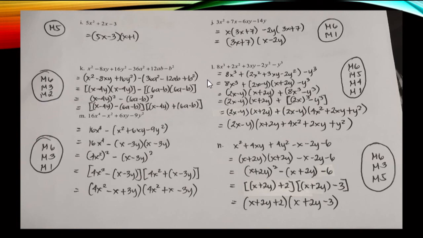Then, ang L, 8x cubed minus 2x squared plus 3xy minus 2y squared minus y cubed. So, 8x cubed plus, kani siya atong grupo since pwede na to ni siya ma-factor out. This is a quadratic trinomial ni siya. So, ma-factor na to ni siya.